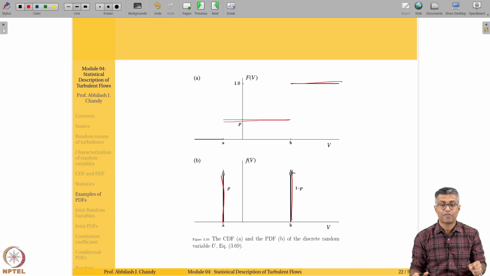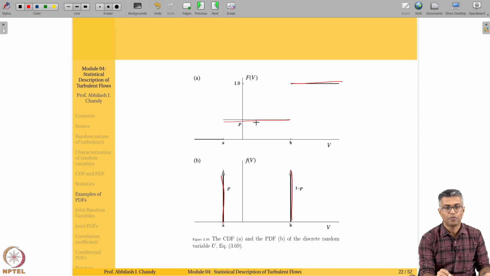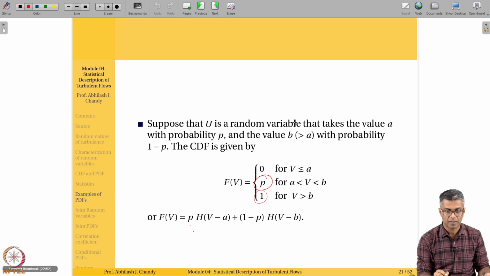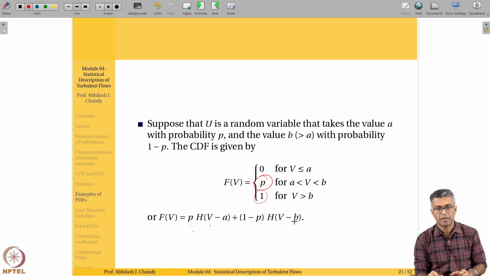We wrote the CDF as a Heaviside function: p times H of v minus a, and 1 minus p times H of v minus b. P times H of v minus a tells me that between a and b, it has a probability of p.